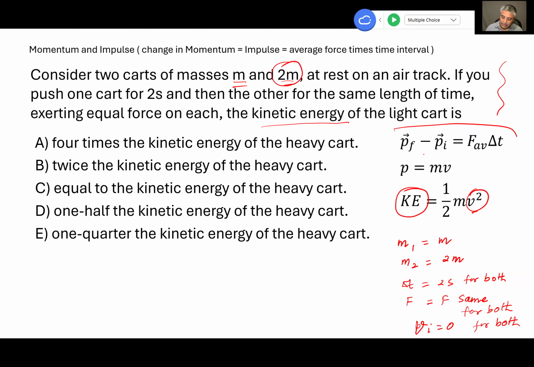So initial velocity 0 means initial momentum is also 0. So final momentum is just the average force times the time interval. And since both of these are the same for each of those, the final momentum is the same.